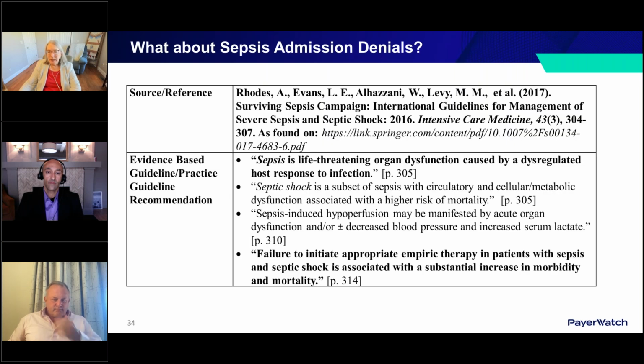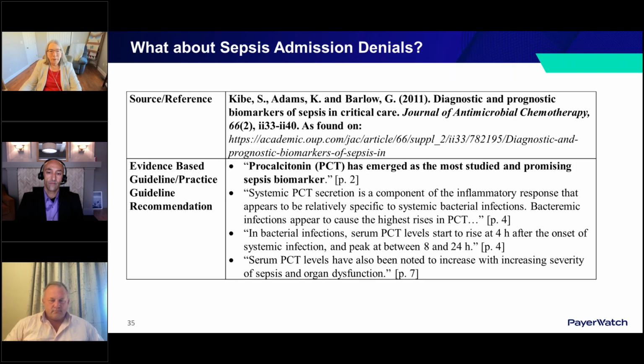We also include evidence-based guidelines, evidence-based medicine, as Dr. Hassanbala spoke of, in our appeal. So we have this templated into our sepsis appeal letter, and then we can go through and bold the statements within these evidence-based guidelines that help support the need for the inpatient admission. Okay, so these are the two that we use for this particular appeal.